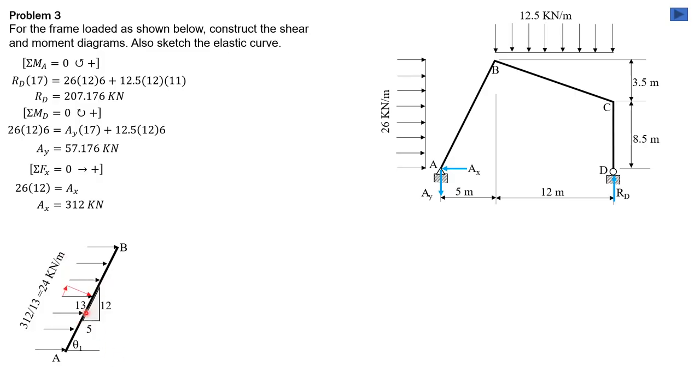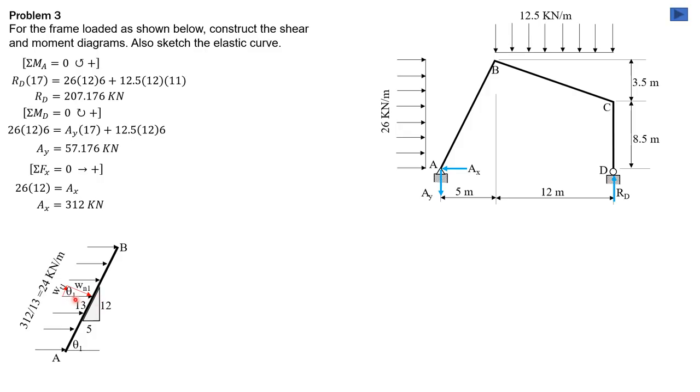So the angle theta 1 is here, which is the angle between the vertical and the normal, this bigger angle. So that's theta 1. Then we have Wn1 and W tangential 1. Wn1 is equal to 24 times sine theta 1, which is 12 over 13. Again, W1 is 24 kilonewton per meter.